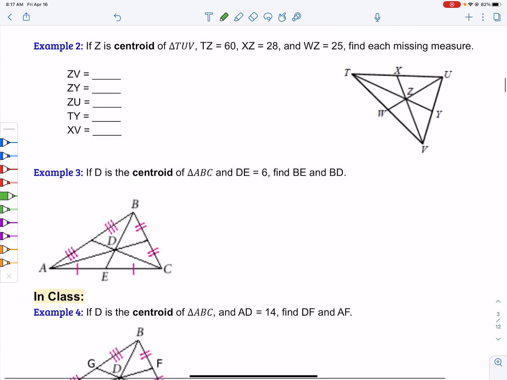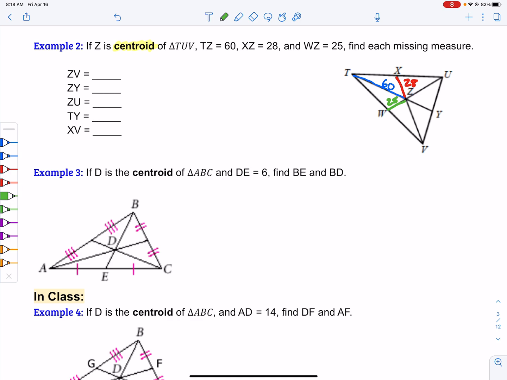Example 2 tells us if Z is centroid of triangle TUV and TZ equals 60. So let's label TZ equals 60, XZ equals 28, and WZ equals 25.